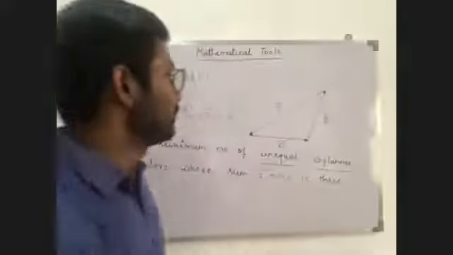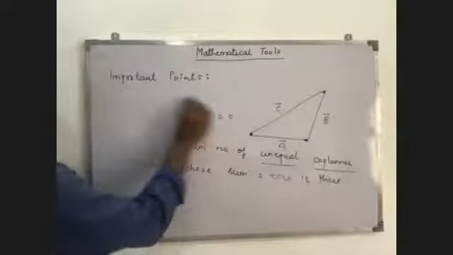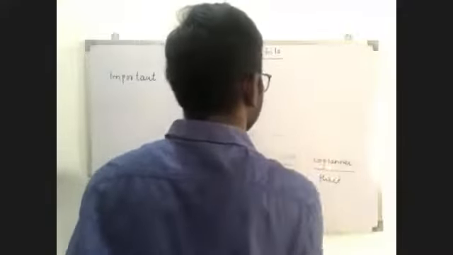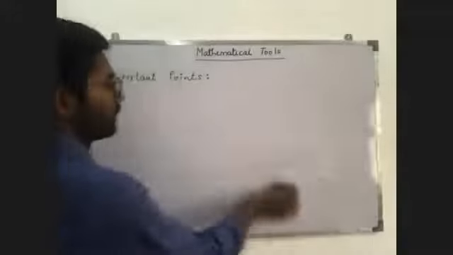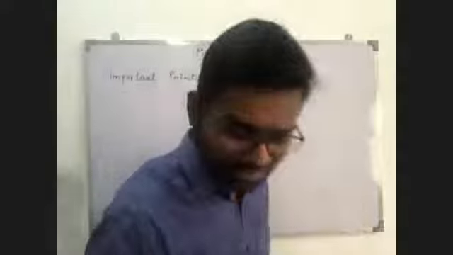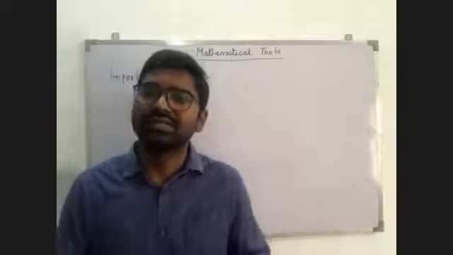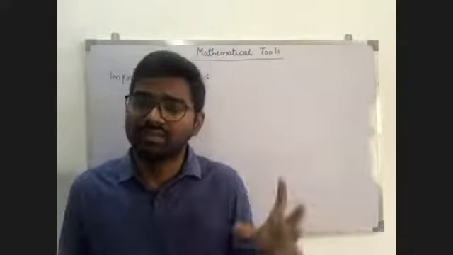Now let me give you an example. They are not saying unequal or equal this time, because it is going to be correct for every type, whether equal vectors or unequal.